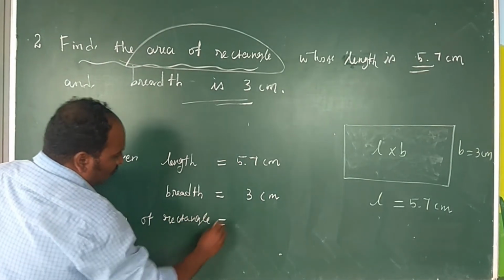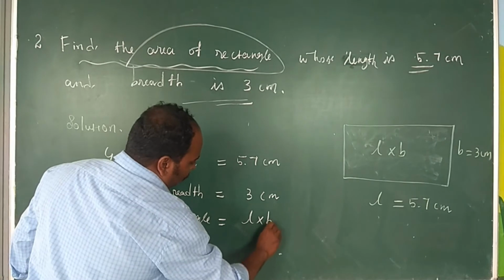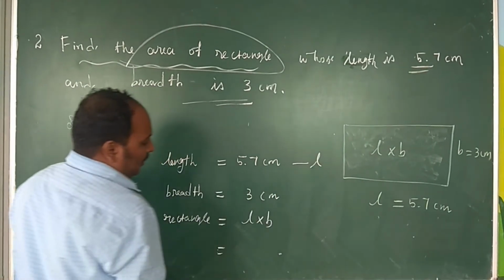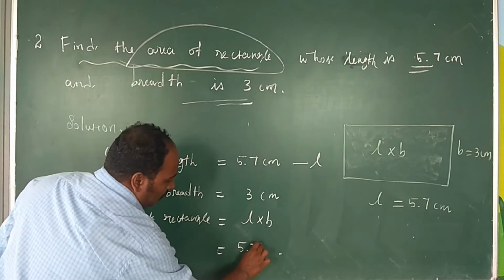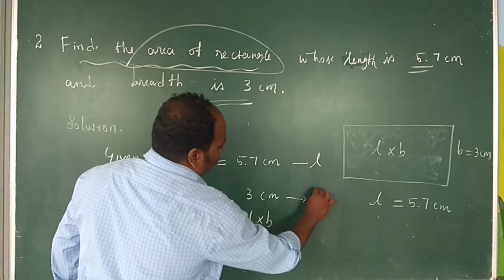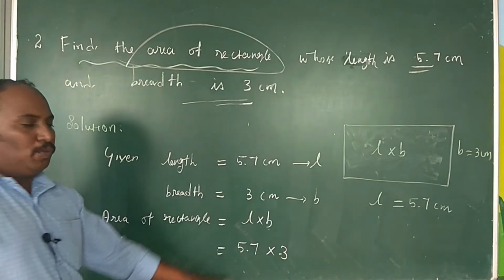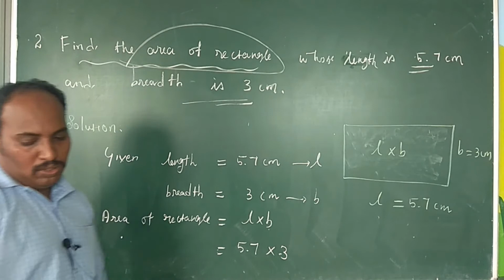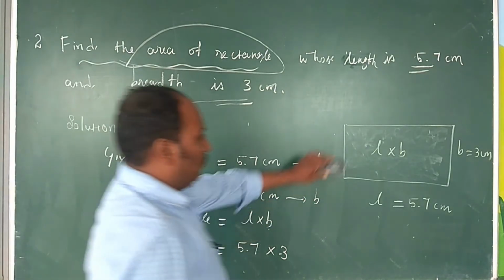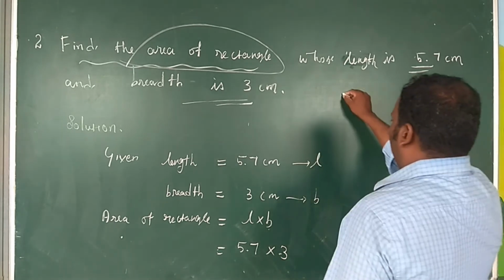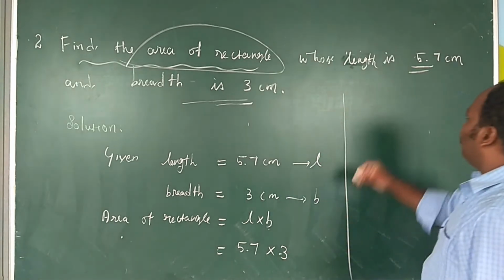Area of rectangle is equal to L into B. Here L is equal to 5.7 and B is equal to 3. L into B, 5.7 into 3.